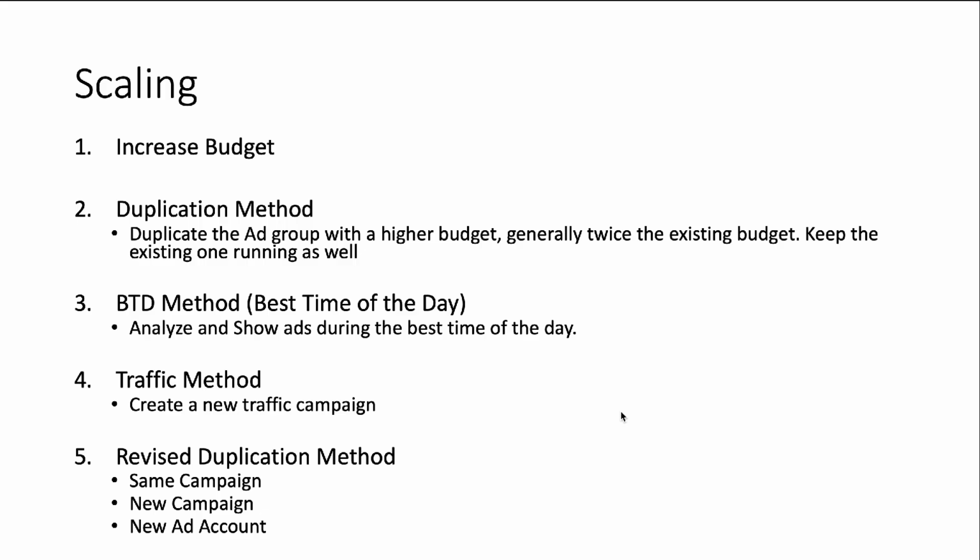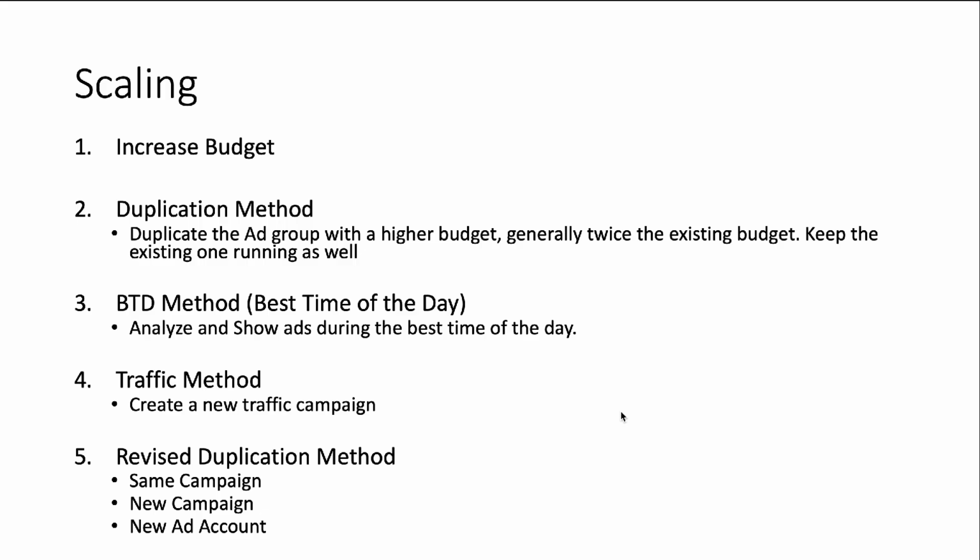Now, if you remember, I had earlier told you that you do not touch the ad group which is performing well, so that stays the same. So what you do here is, the first method, that is increase the budget. Of that ad group, gradually increase the budget. This is a slow scaling method wherein you do not aggressively scale, but step by step you are increasing the budget.